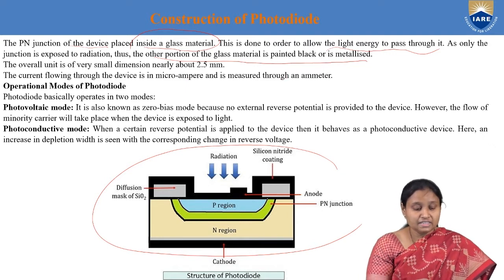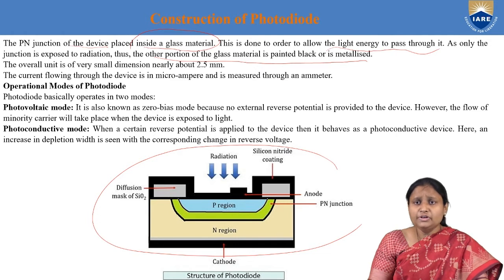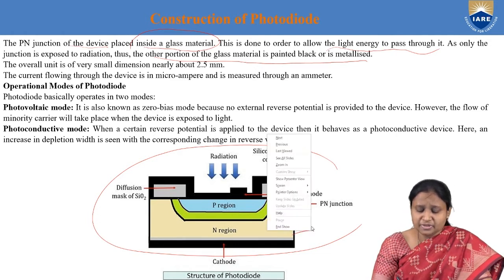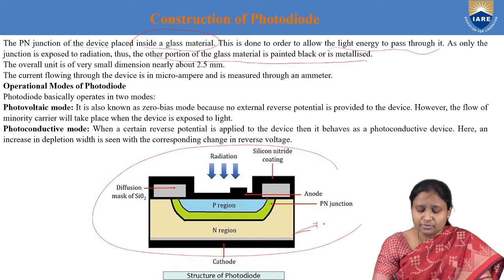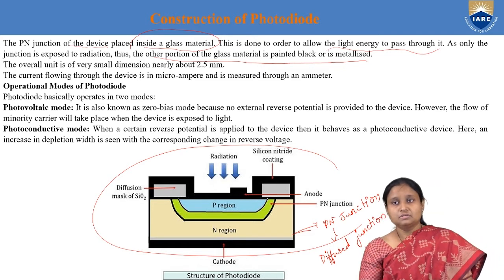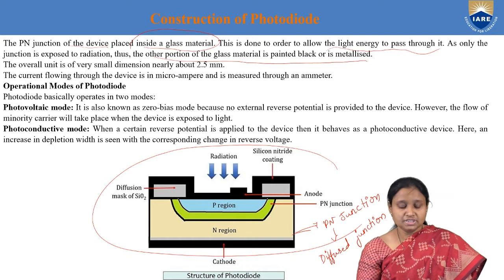And if you look at this figure, the PN junction we are using in a photodiode is formed by the diffused junction type. So this is a diffused junction type PN junction.